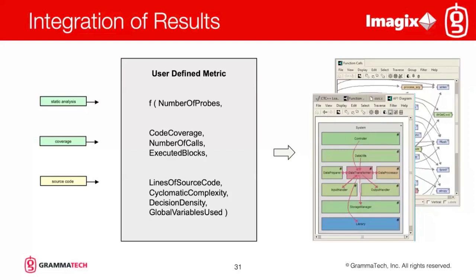Within that metric, it might be some combination of, for a given function, how many defects occurred in here, how thoroughly was it covered, and how complex is it? In a way that's meaningful to you and your operation, you can define a metric that says, here's where I really am concerned about my testing. And again, you can see those results at the architectural level and at the control flow function calls level. Mark?